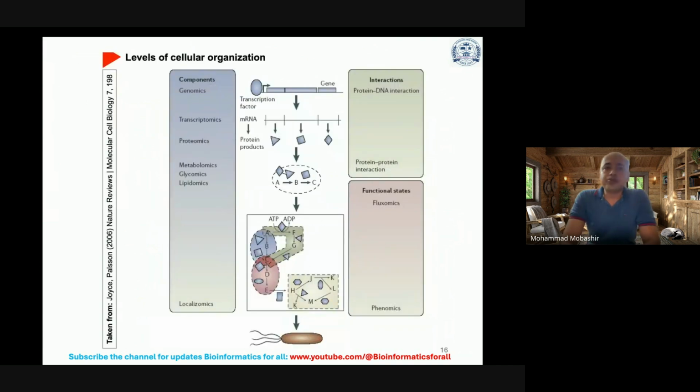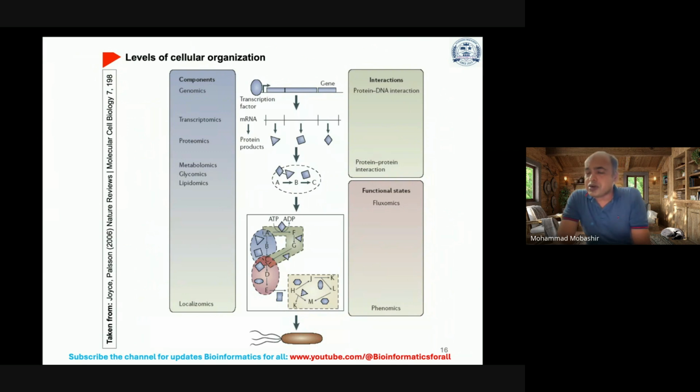So now we come to the levels of cellular organization. I have also presented in the previous class genomics, transcriptomics, proteomics, metabolomics, glycomics, and lipidomics. And finally, you can move towards phenomics. On what basis? Here you need to understand the interactions, the control and coordination at different levels, for example genomics, transcriptomics, proteomics, metabolomics, glycomics, lipidomics, and localizomics.